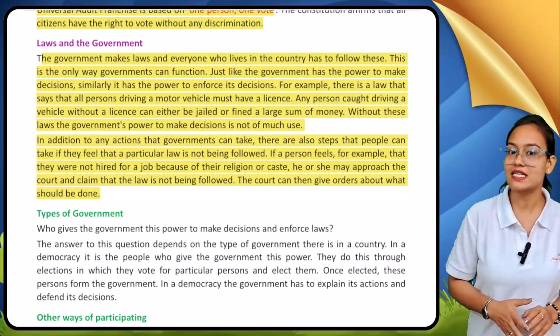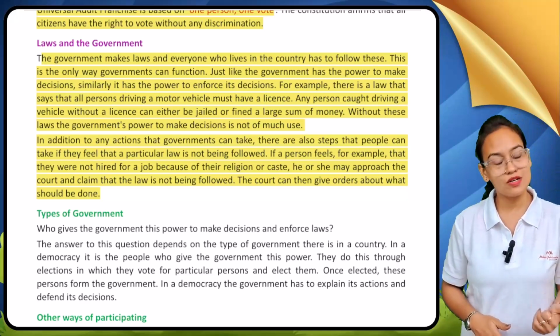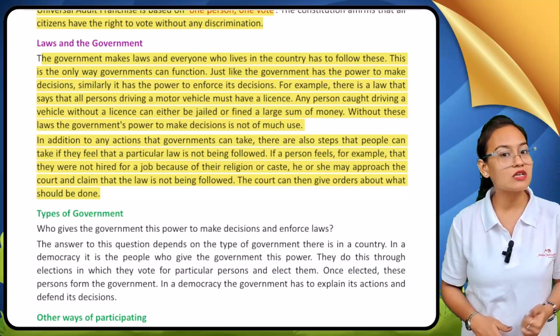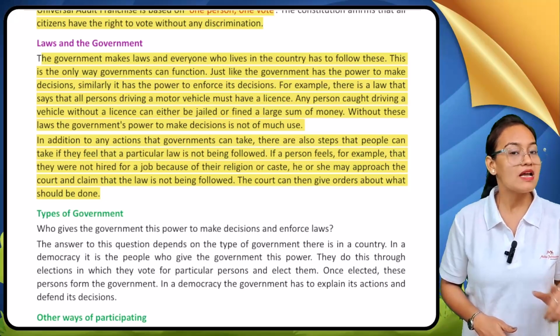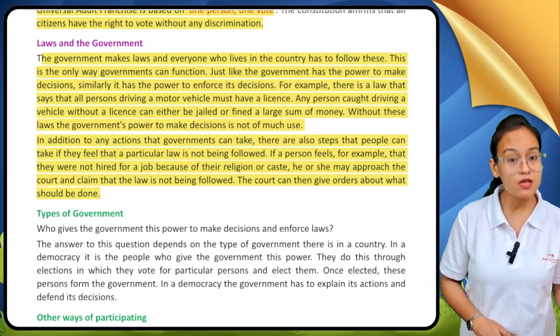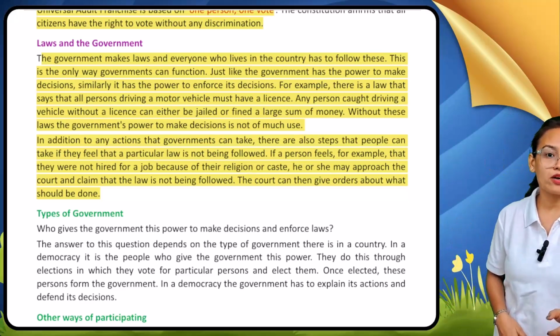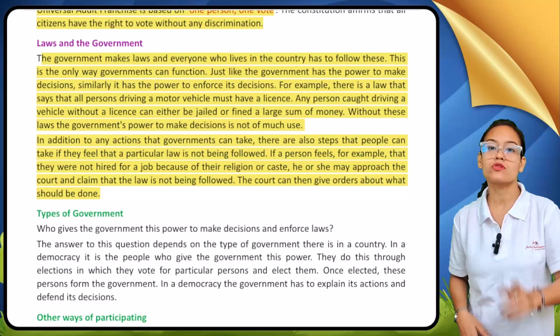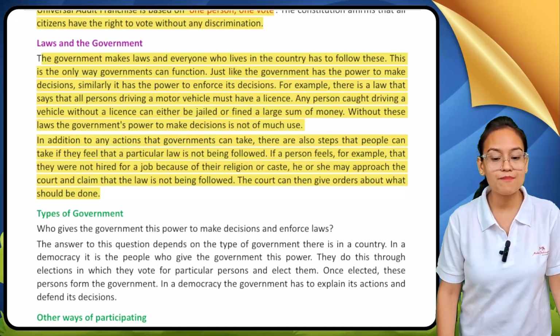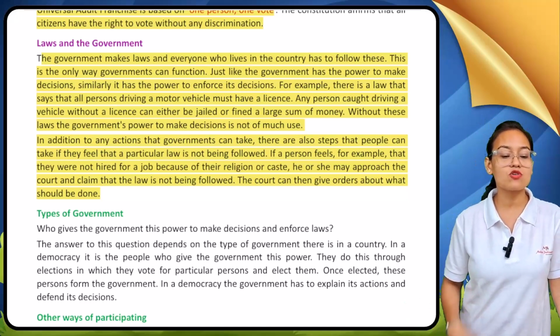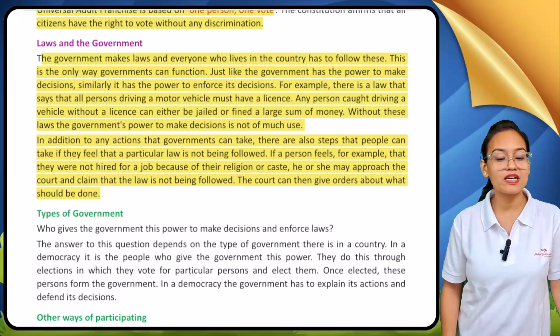You all know, my dear students, the central government enjoys executive and legislative powers. Legislative powers means the government is responsible for making law. If the government can make law, then it can also enforce those laws on the people. For example, there is a law that says all persons driving a motor vehicle must have a license.